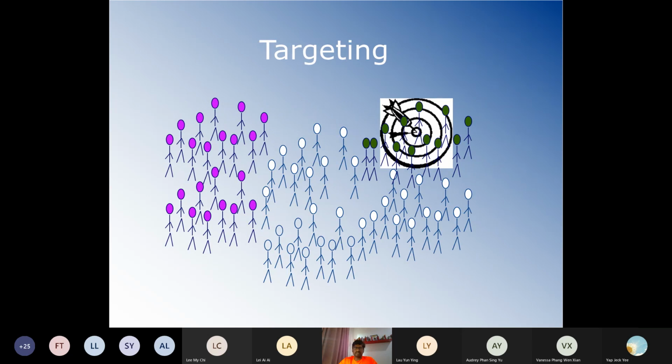So you segment the market based on the different characteristics, and you identify which is your target market, and you target that. So here, targeting in marketing is a kind of strategy that breaks the large market into smaller segments, as you see in the picture, and thereby it concentrates on the smaller segments.